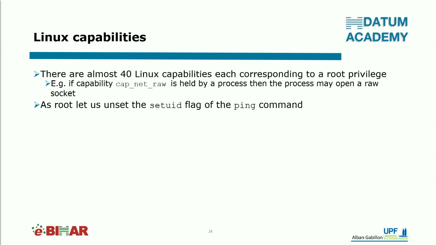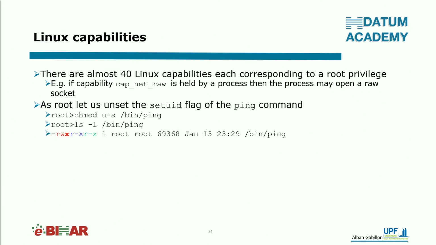First, as the root user, I will unset the setuid flag of the ping program. So this is the command to unset the setuid flag. I am the root user and I unset the setuid flag of command ping.